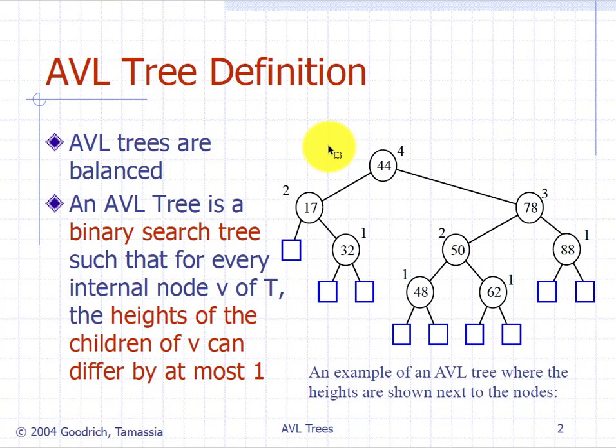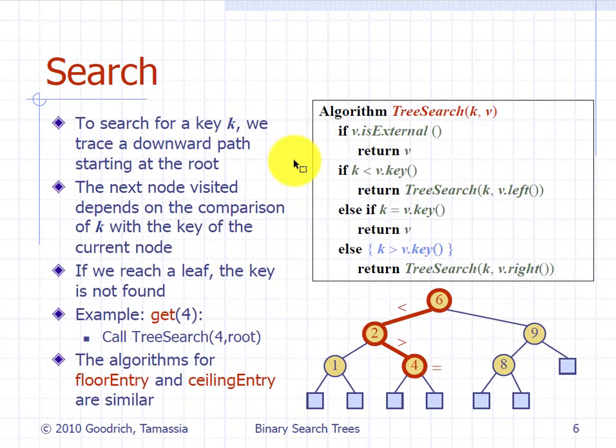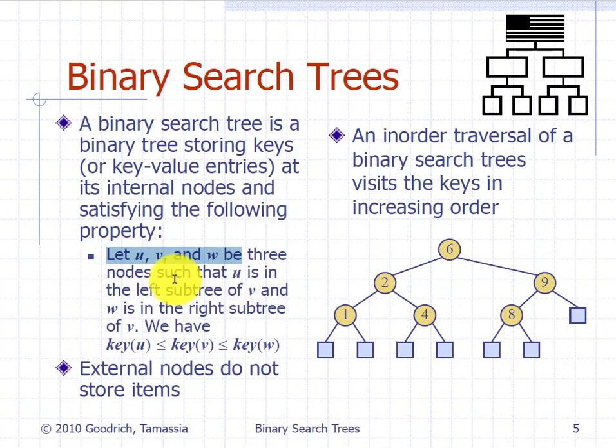An AVL tree is a binary search tree, which means that it has that property from the last slide. I'll go back to that property so it's crystal clear. A binary search tree has this property: let U, V, and W be three nodes. This can be any three nodes, as long as V is the parent, U is the left child, and W is the right child.